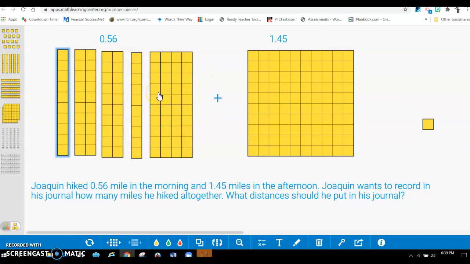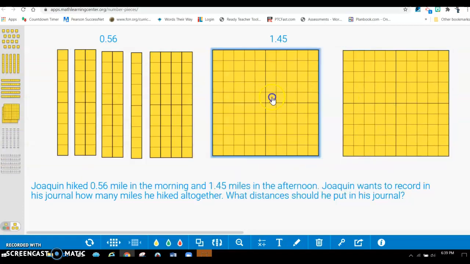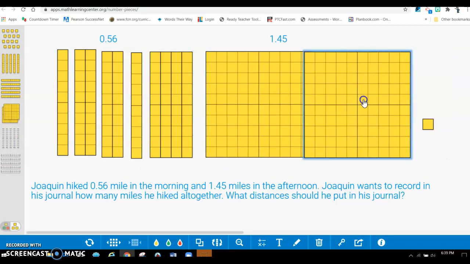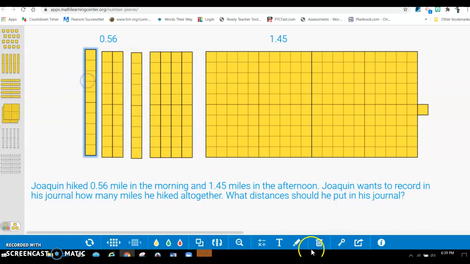We learned earlier in the year that 10 rods will equal 1 flat. So we're going to take this flat and pull it over. And these rods we don't need because we traded them in for a flat. And now we actually have an answer.